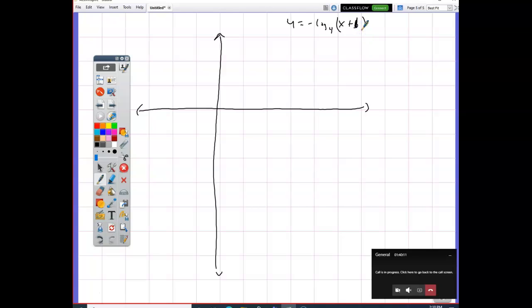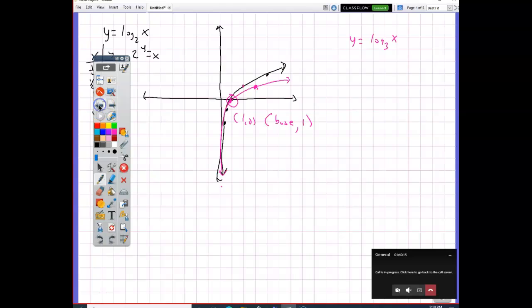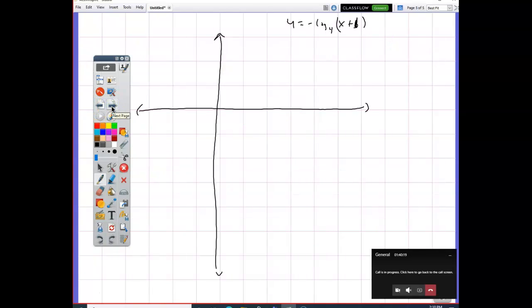What's it look like? Okay, so there's a couple things we know. We know it's not supposed to cross the x-axis. Oh, wait, back up. I'm not answering my own question. Y equals log base 4 of x is the basic function we're looking at, right? All right. So what can you tell me about that function?